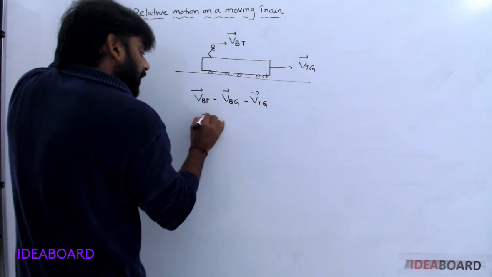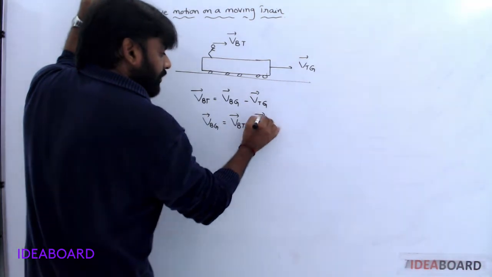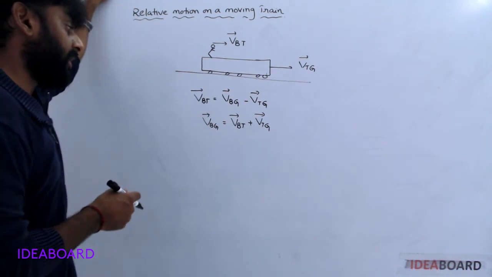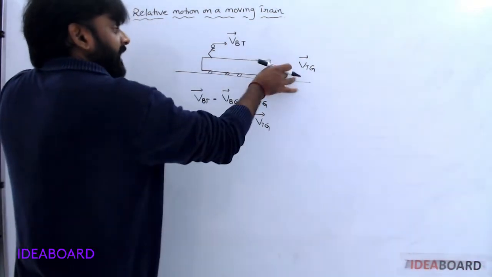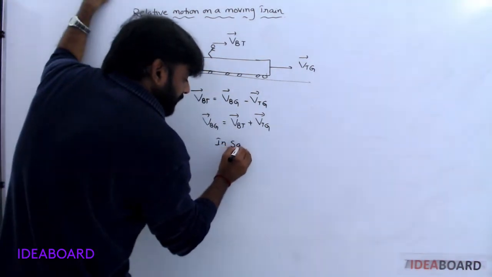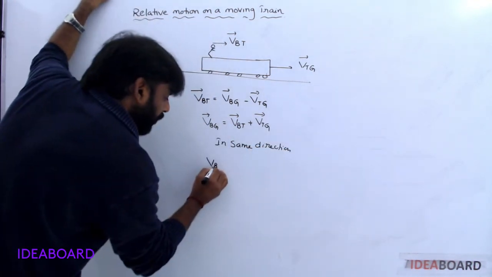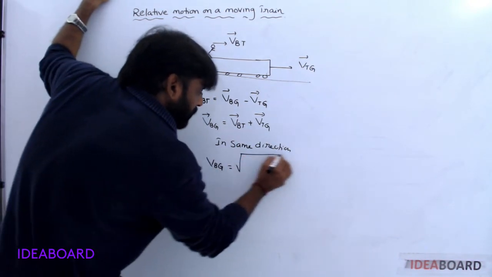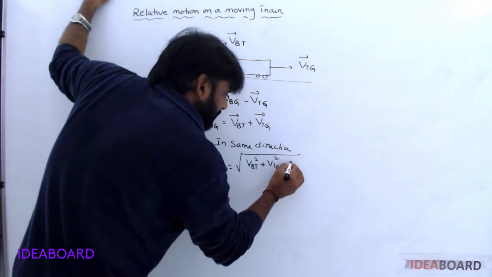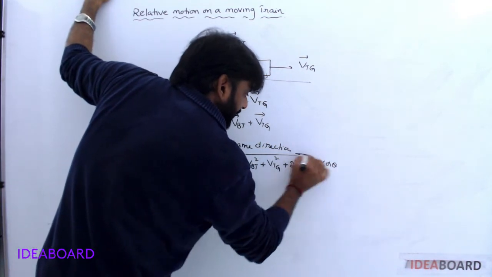Boy velocity with respect to ground is equal to boy with respect to train plus train with respect to ground. Understood? Okay. Now if train and boy both are moving in the same direction, you know its magnitude: boy with respect to ground is equal to square root of boy with respect to train square plus train with respect to ground square plus 2 boy with respect to train into train with respect to ground into cos theta.